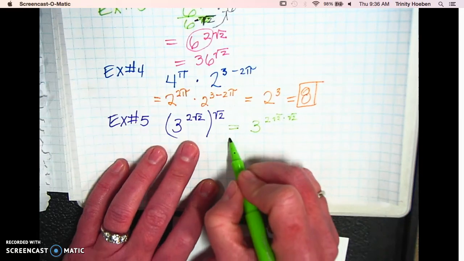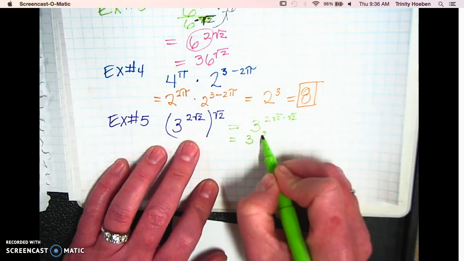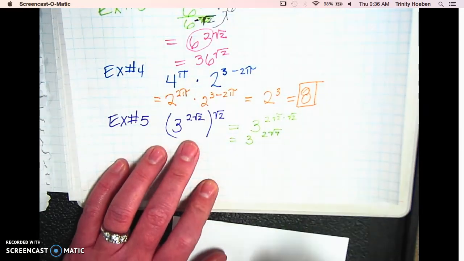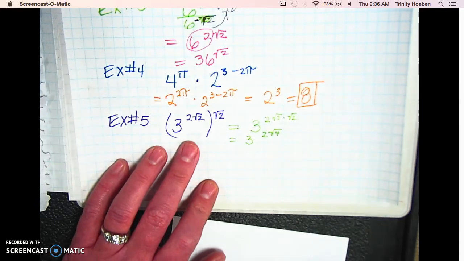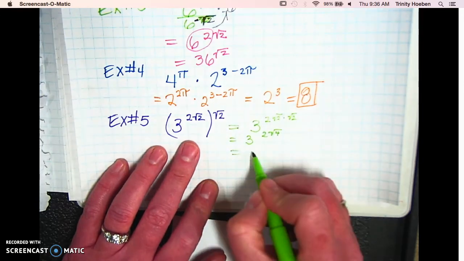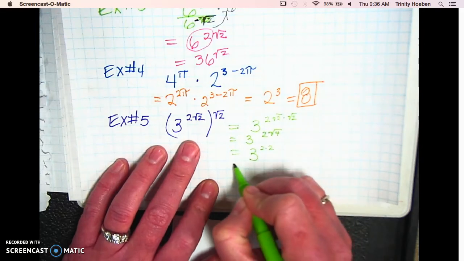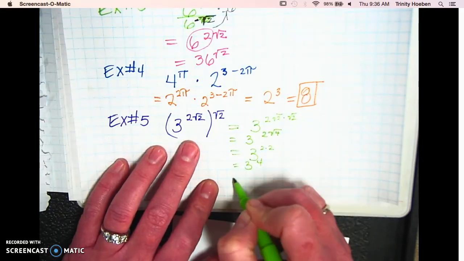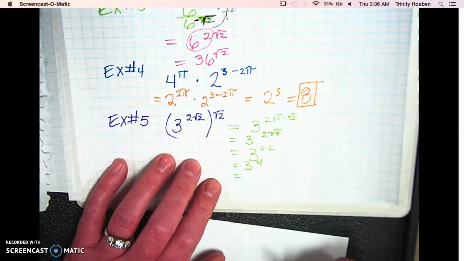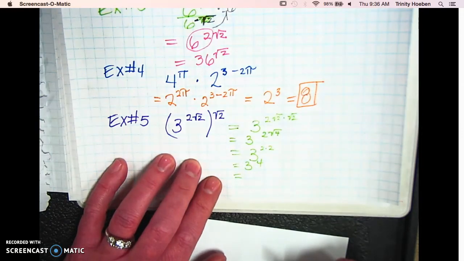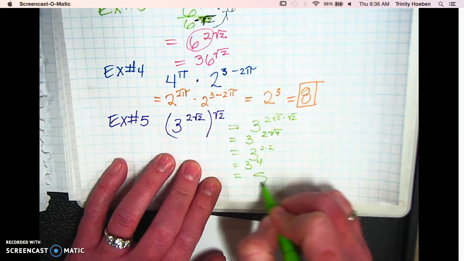So this equals 3 to the 2 rad 4. And the square root of 4 is 2. So this is equal to 3 to the 2 times 2, which is 3 to the 4th. 3 times 3 is 9. Another 3 times 3 is 9. 9 times 9 is 81.